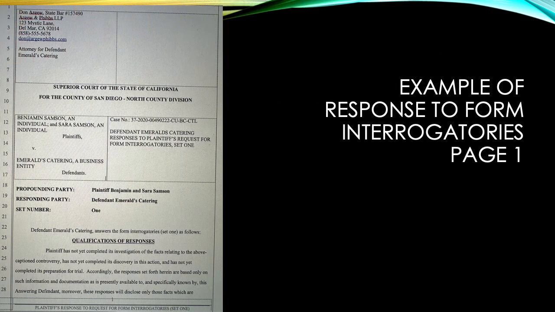So now we are going to go into an example of a response to form interrogatories. So this is using the case of Sampson's versus Emerald's Catering, and this is done by Don Argue, who is the defendant's attorney.